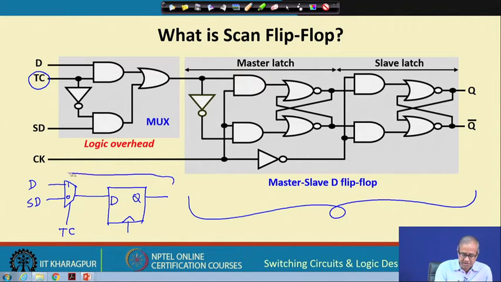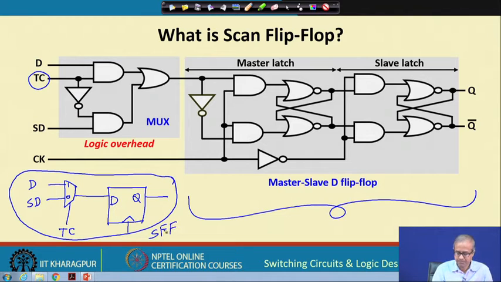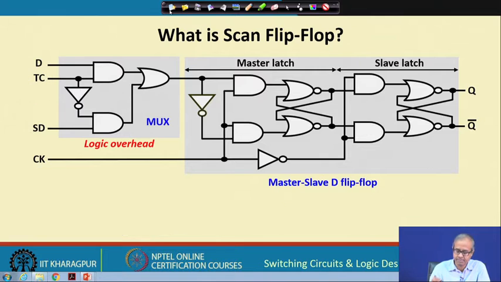So, a conventional flip flop along with a multiplexer is called a scan flip flop, right. A scan flip flop is nothing but a 2 to 1 multiplexer added at the beginning of a normal master slave flip flop, right.